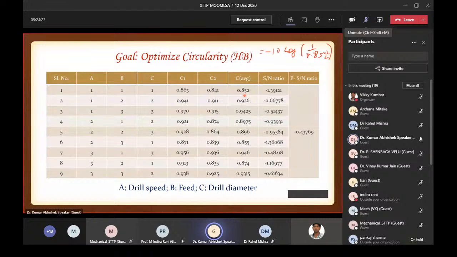If you want, you can take the average; if you don't want, you need not take it as an average value, or you can find it like this: minus 10 log, 1 by 0.8863 square, plus 1 by 0.841 square, and since the replicate is 2, you divide it by 2. Am I clear or not?